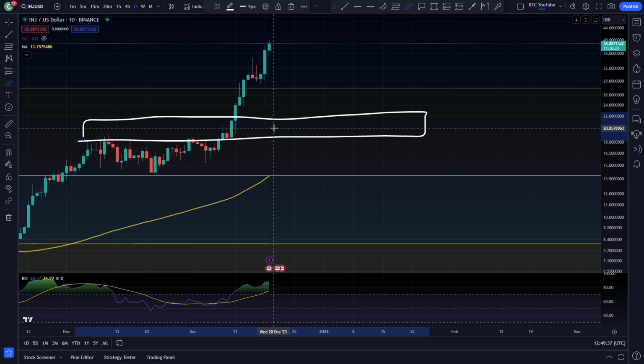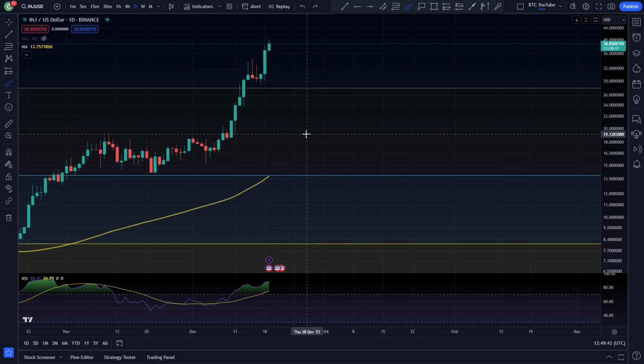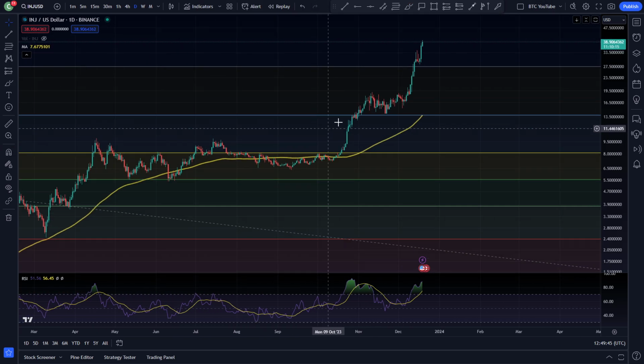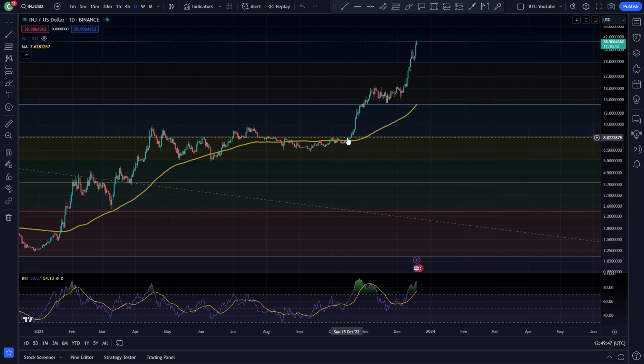The 100-day moving average here would be a nice support as well, but that's very far away due to how parabolic this has been recently. It's basically run from $8 all the way to $38 in just under 2 months, which is pretty crazy to see.